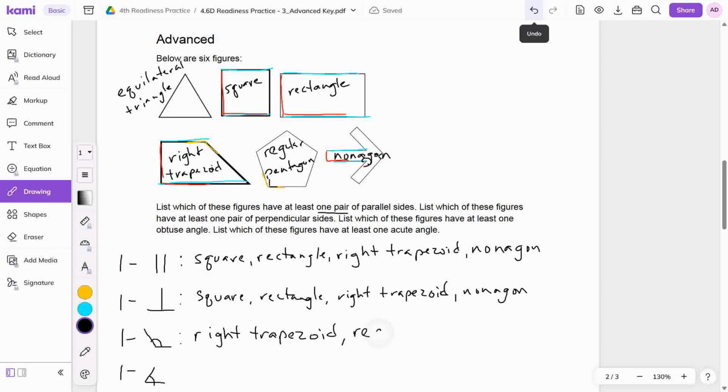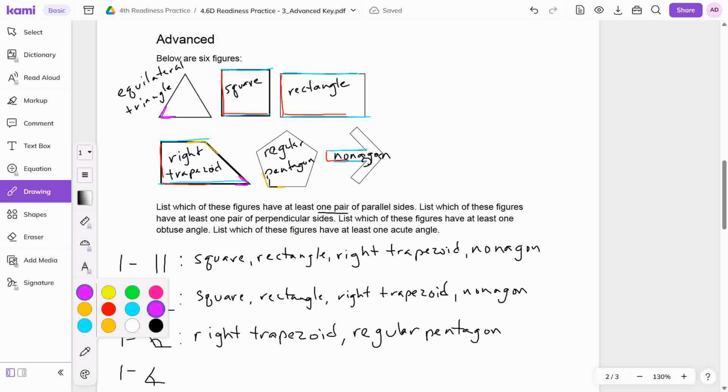And then finally, we are looking at our acute angles. These are angles that are less than 90 degrees. And let's see, so we can finally get our equilateral triangle into the game. No for square and rectangle, they're just right angles. We do have one for our right trapezoid, and no for regular pentagon.